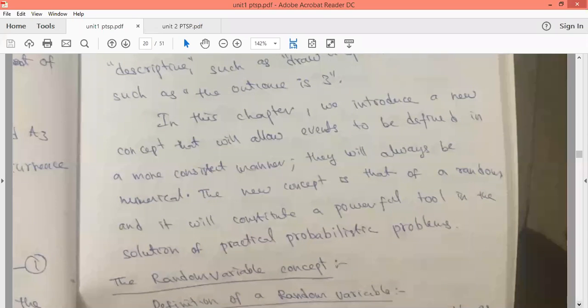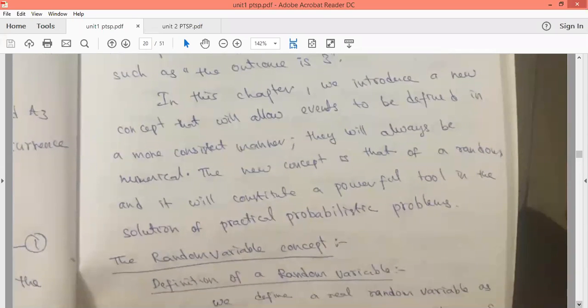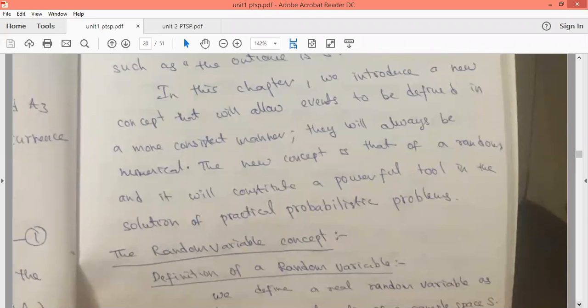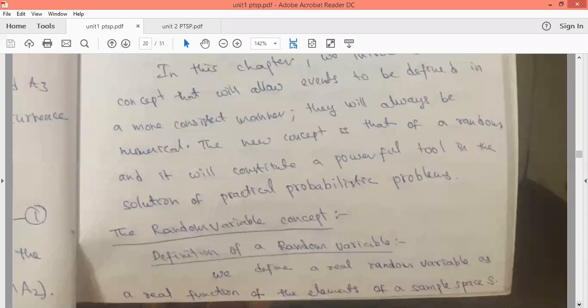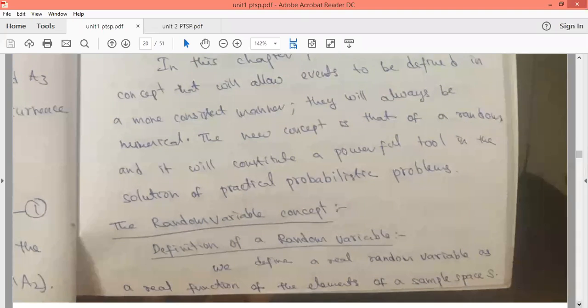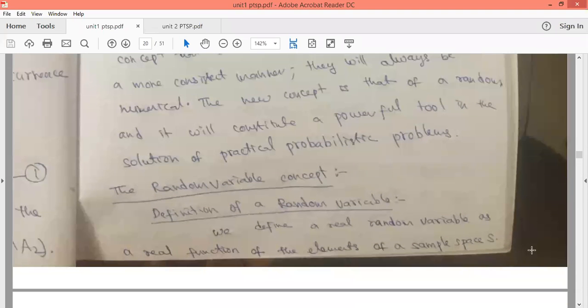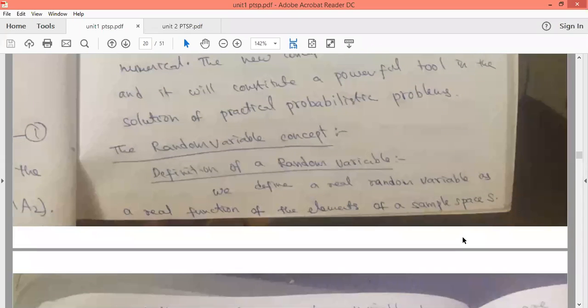In real time, all the signals are probabilistic in nature, so to obtain the solution of practical probabilistic problems, we have to give some numerical value to the event. We assign it in the form of random in nature. That is what we are going to discuss in this topic.